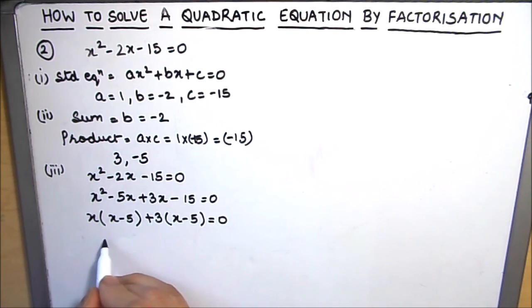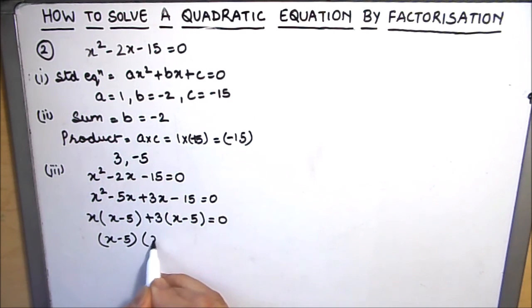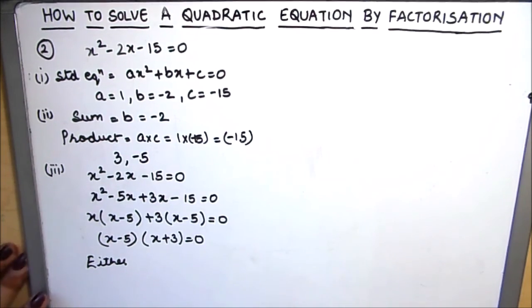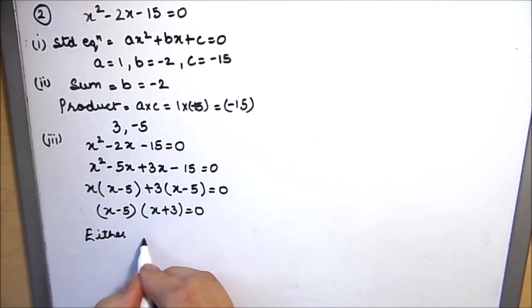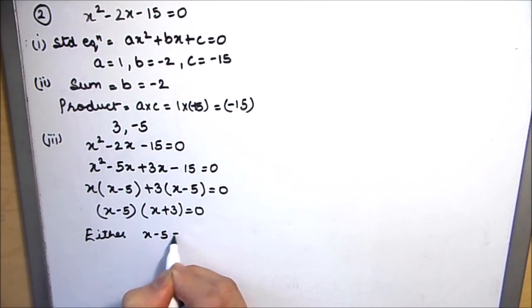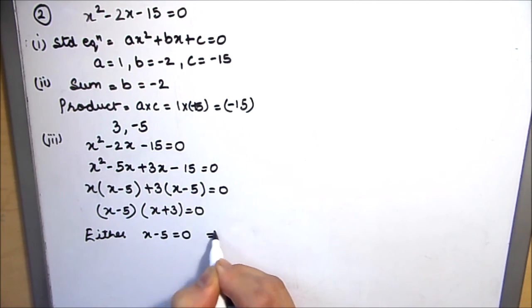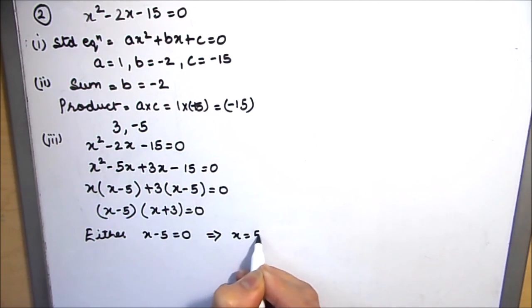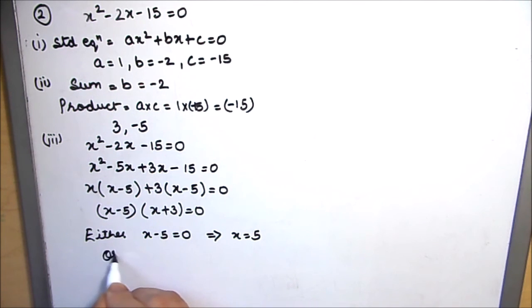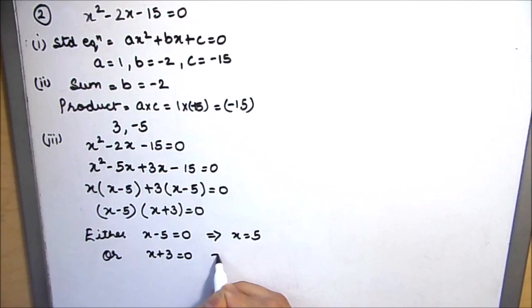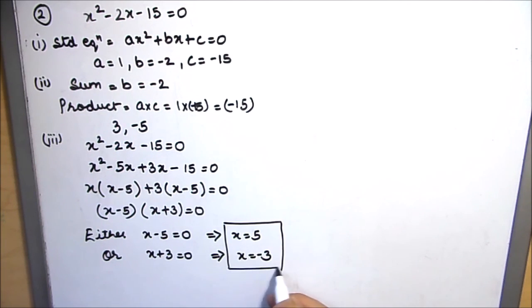Now from both these terms we'll take x minus 5 common, so we'll get x minus 5 and x plus 3. Finding the roots, either x minus 5 is equal to 0, which gives us x is equal to 5, or x plus 3 is equal to 0, from which we get x is equal to minus 3. So these are the two roots of the equation.